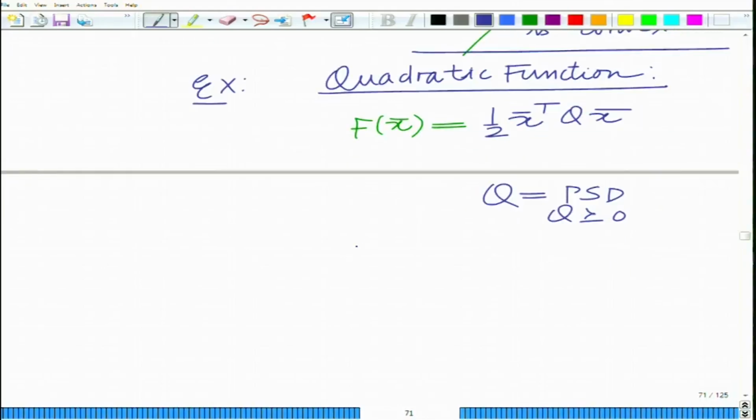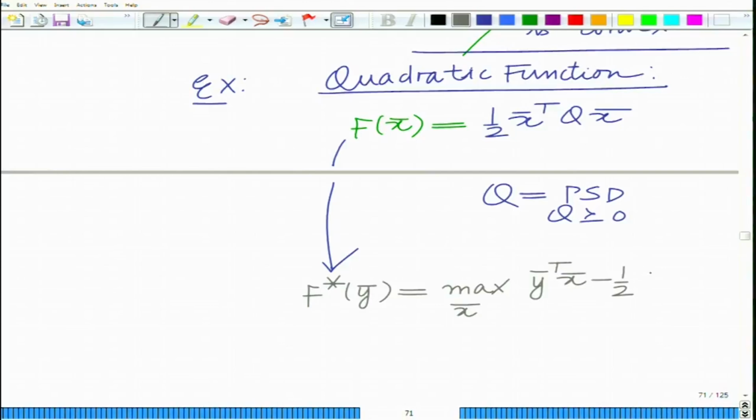Now, to construct the conjugate function, we have f conjugate y bar equals the max over x bar of y bar transpose x bar minus f of x bar, which is half x bar transpose Q x bar.